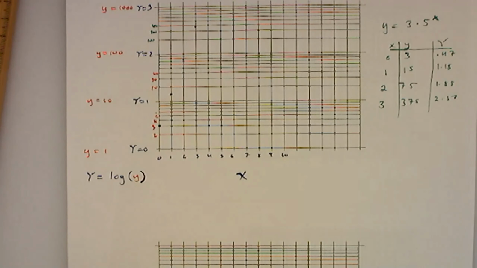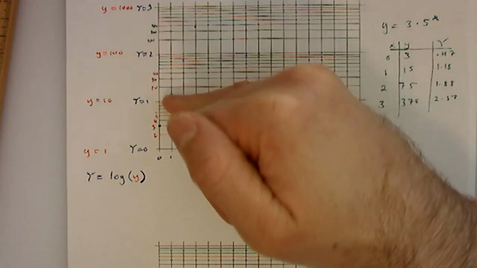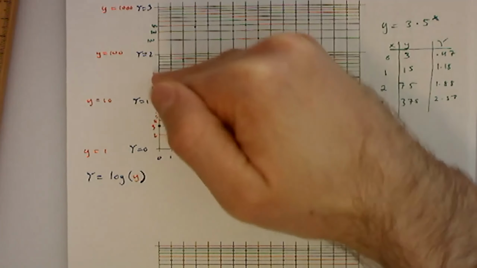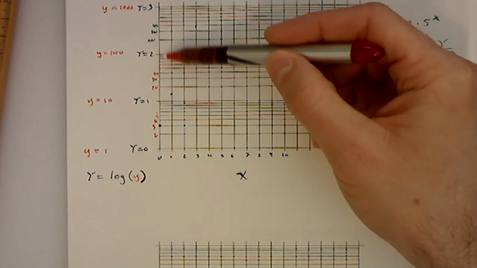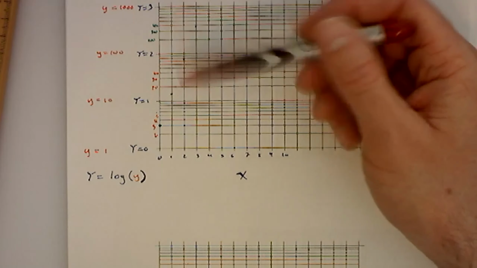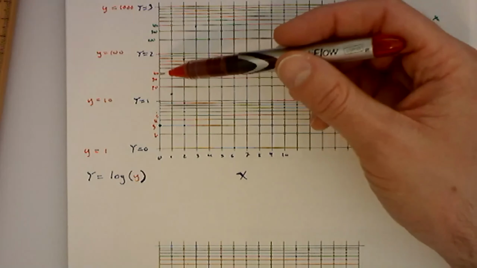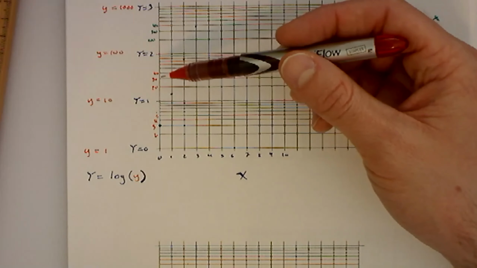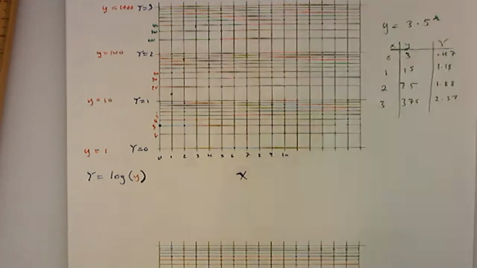But once you get to 10, you start increasing by 10s. So in this next block, you go y equals 10, 20, 30, 40, 50, 60, 70, 80, 90, all the way up to 100. And then in this next block, you go by hundreds. So every new block, you increase by a factor of 10 how much you're increasing by. Which makes sense, that's how logarithms work, right? As you increase more and more to kind of the same output.